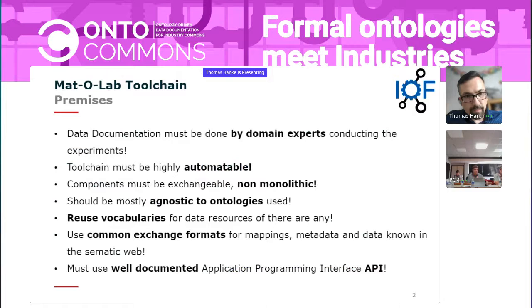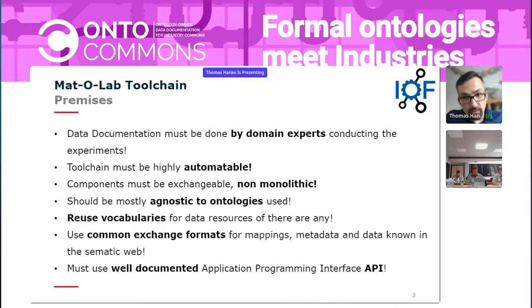Okay, so the premise is again that the method graphs should be built by domain experts, and we need a tool to transform data which utilizes that knowledge about methods in a very automated way.